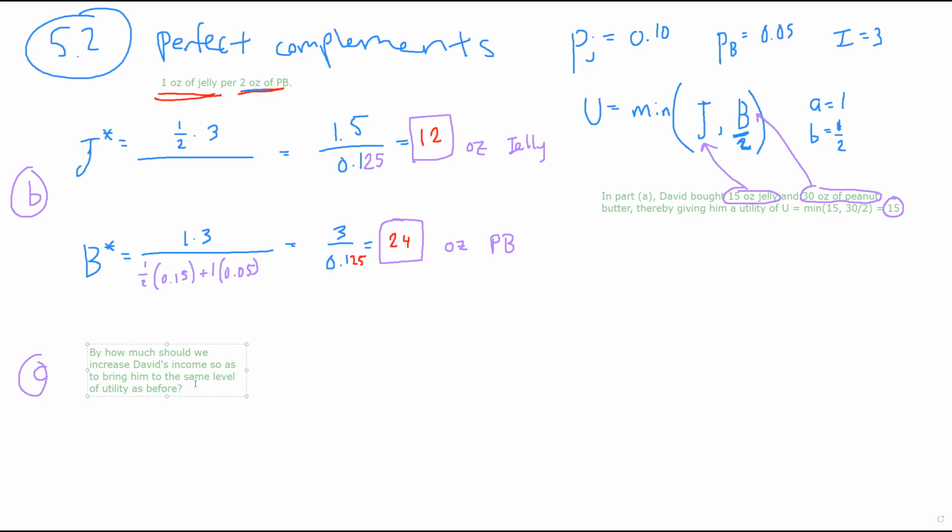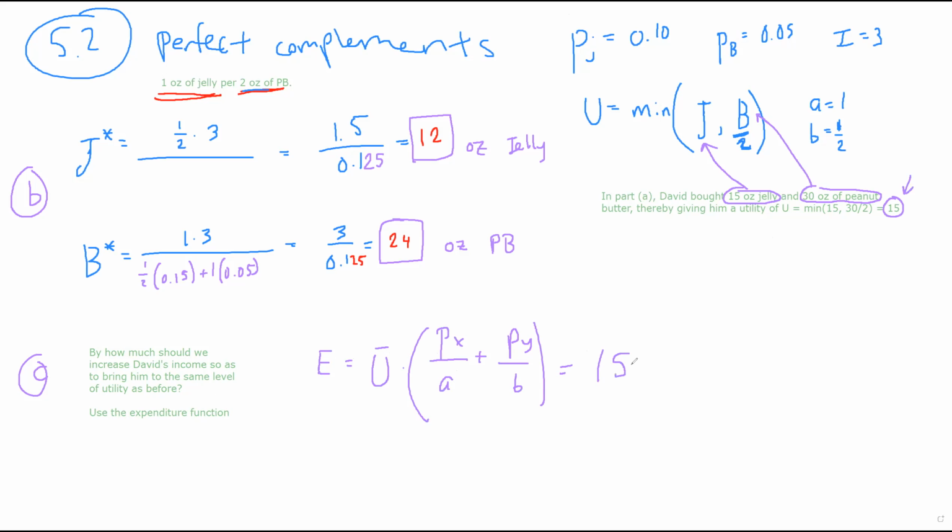I said to use the expenditure function. The expenditure function for perfect complements is E equals U bar times (price of X over A plus price of Y over B). In our case, the utility we want him at is 15.